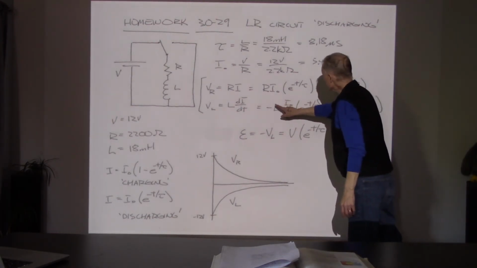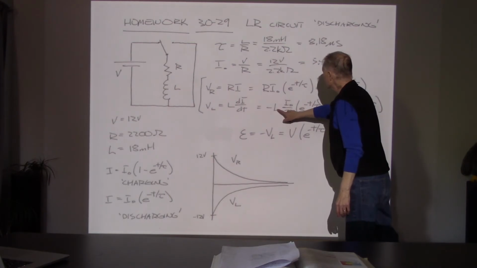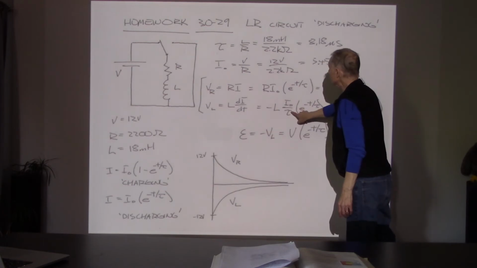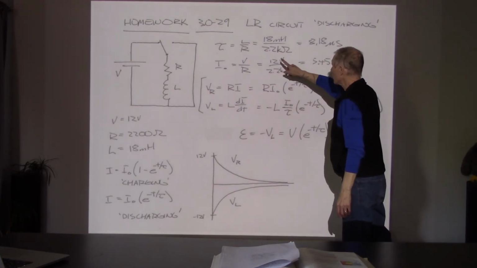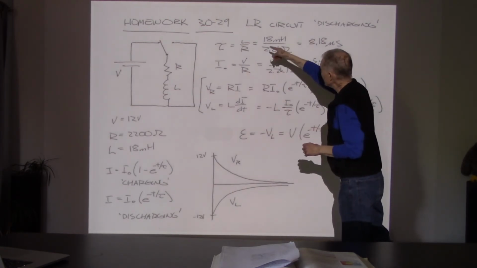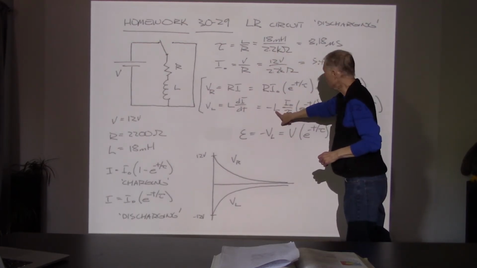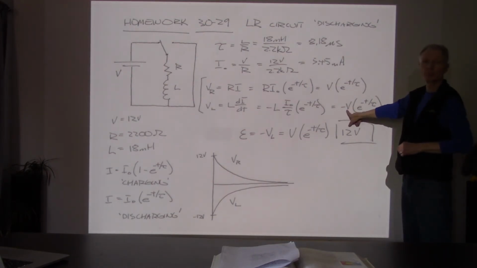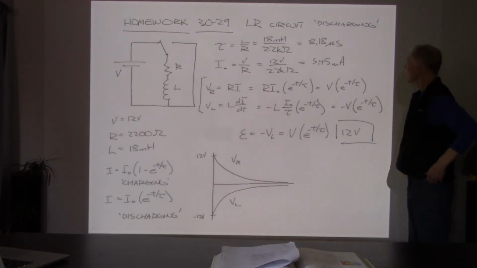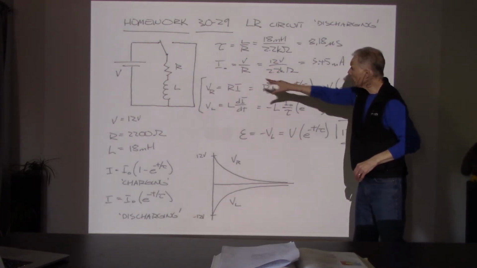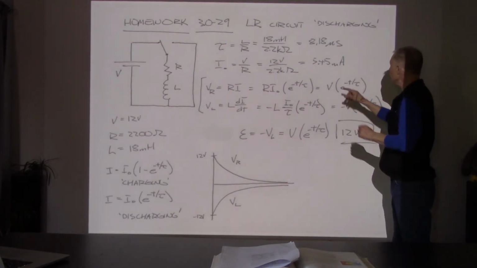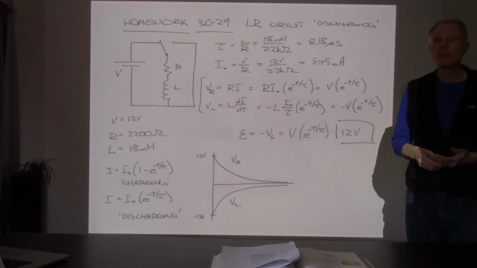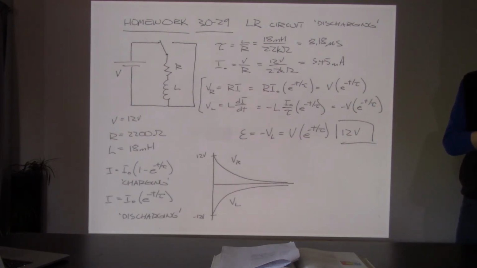If I take the expression for I naught, which is V over R, and the expression for tau, L over R, the R's cancel, the L from tau cancels the L from the formula, and all we're left with is V, which kind of has to be the case. We have to be able to get the voltages of these components written in terms of the voltage of the battery, because it's the voltage of the battery that set everything up initially.